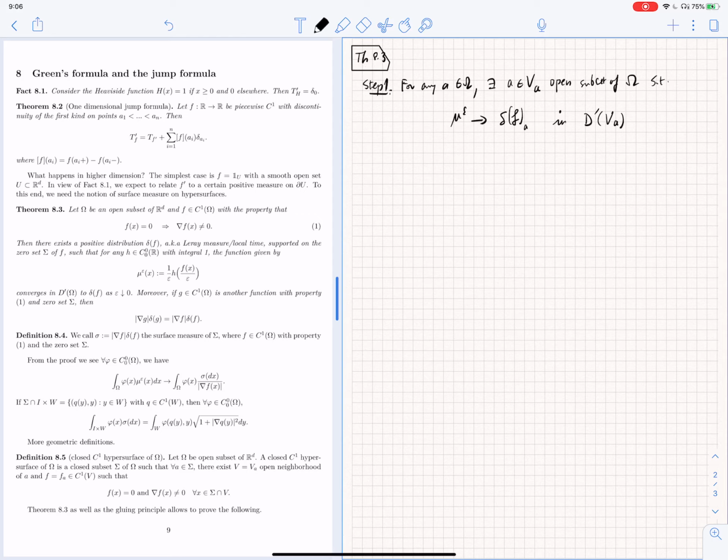This is what we want to do. We show the convergence locally. We consider only a small neighborhood of any point inside the open set omega.